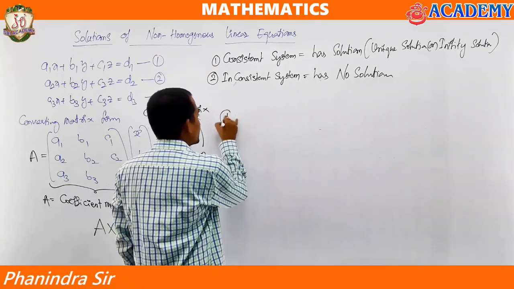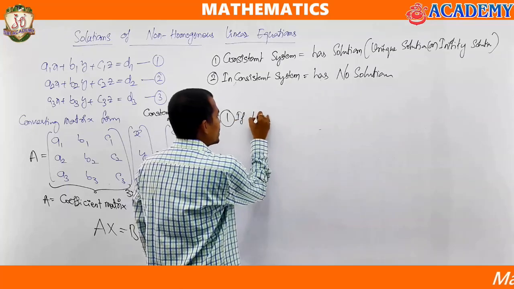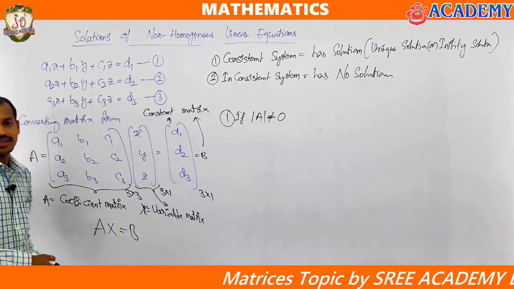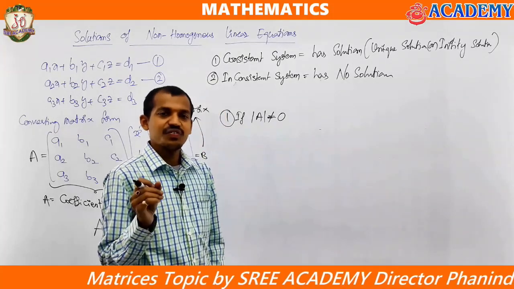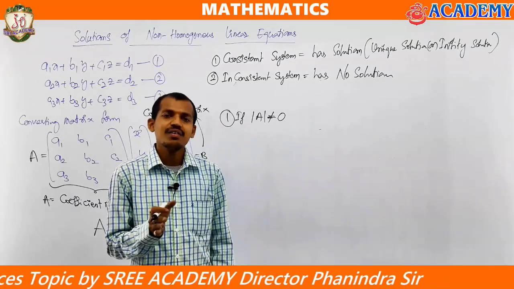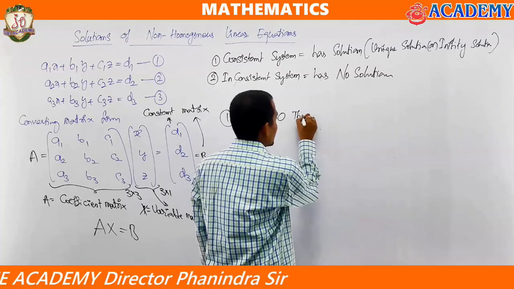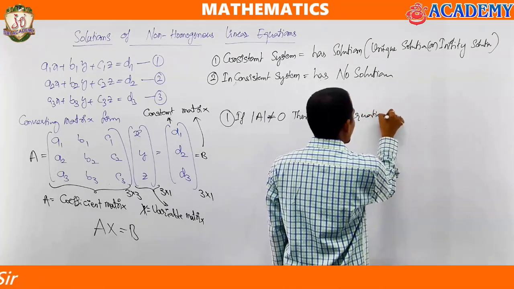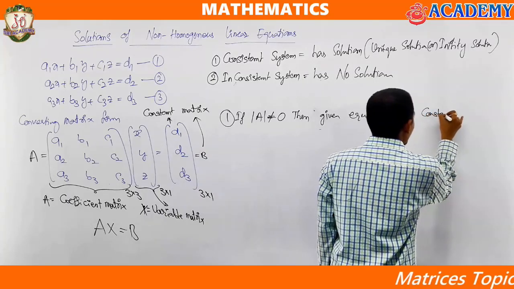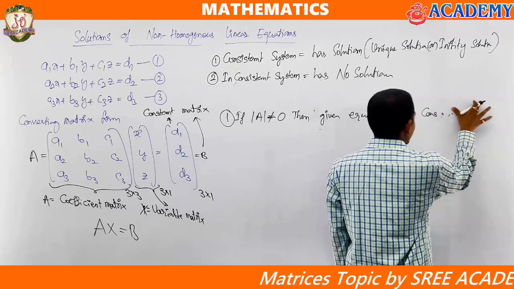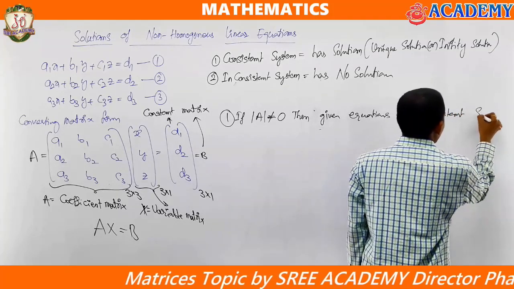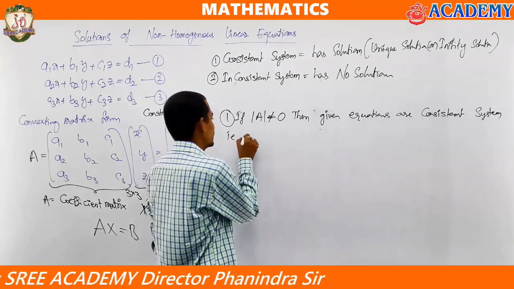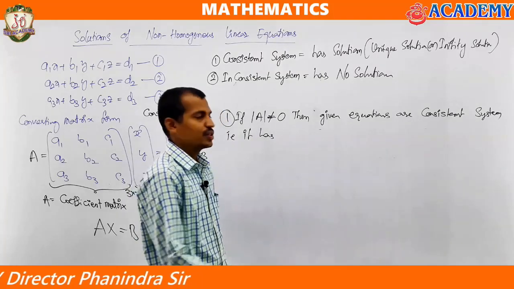See how: first, if determinant of A, the coefficient matrix, is not equal to 0, any number, then the given equations are a consistent system, that is, it has a solution.